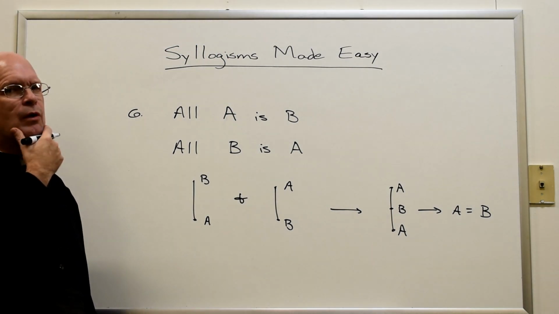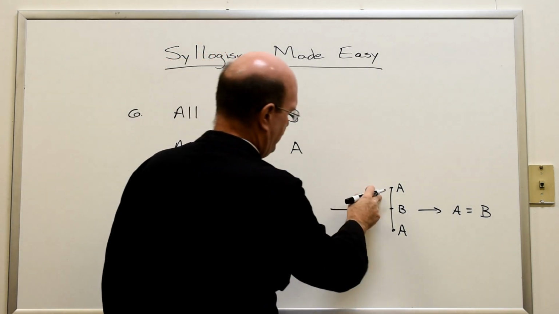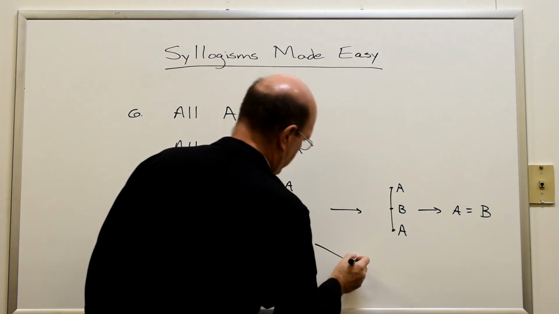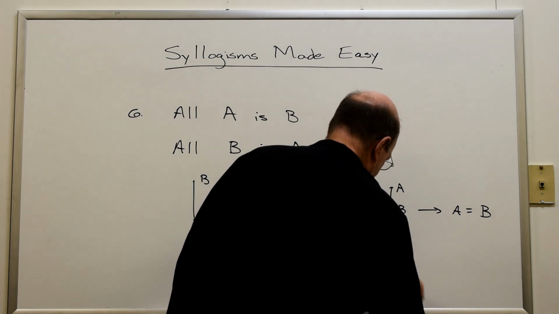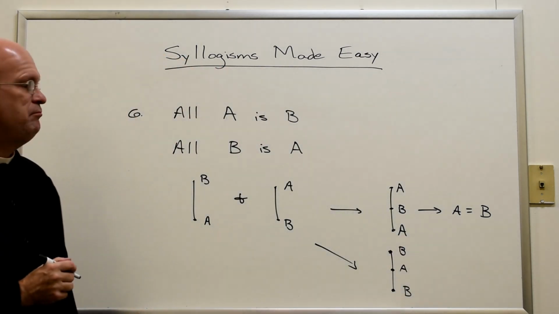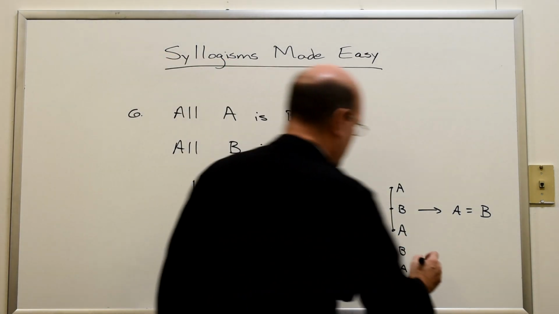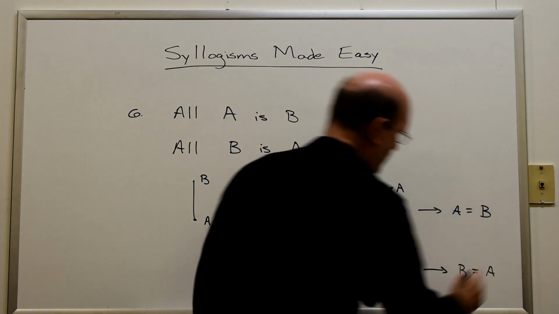Now, there is one thing I hope you're wondering. You think, well, wait a minute. I started with this and then I added this on, but what if I do this? How about I do BAB? That's also a valid model, isn't it? It sure is. But then that just tells me that B is equal to A. So I contract it out again.